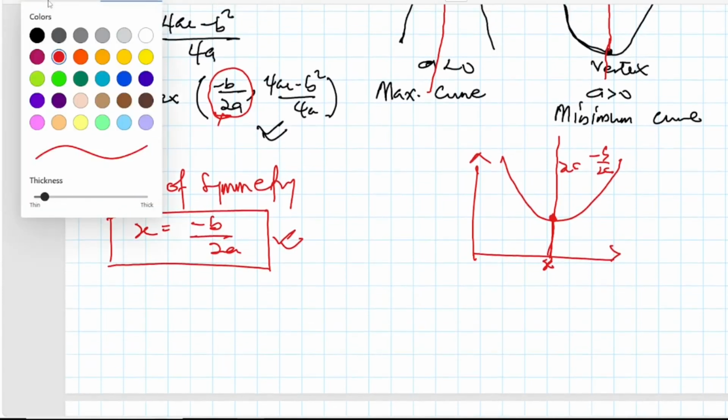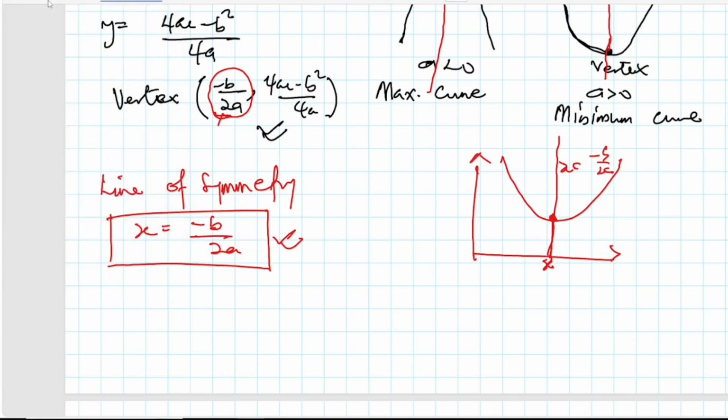Let me use a different color. Okay, so for 3x squared minus 12x minus 1, which is equal to y, we need to find the line of symmetry and then the turning point.